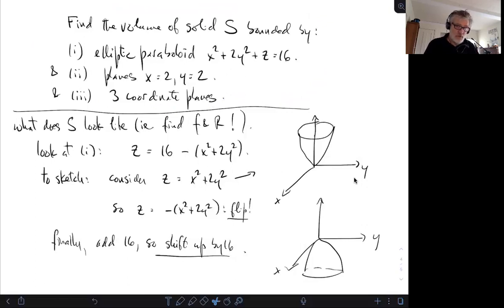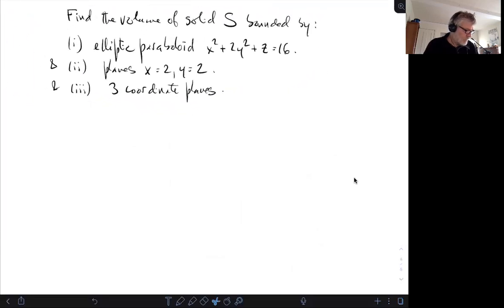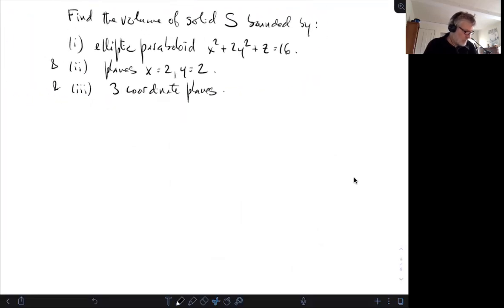Before I switch, I'm looking at my elliptic paraboloid and I want to see what it looks like. I started with z equals x squared plus 2y squared, an elliptic paraboloid going up. I flip it down by multiplying by minus 1, and then shift up by 16. This is my question again.